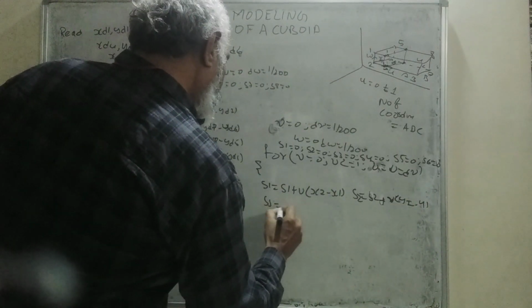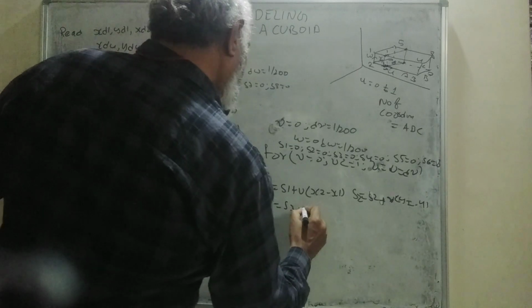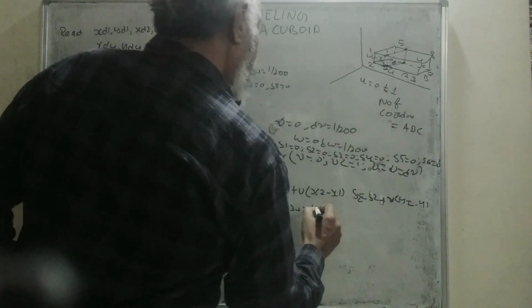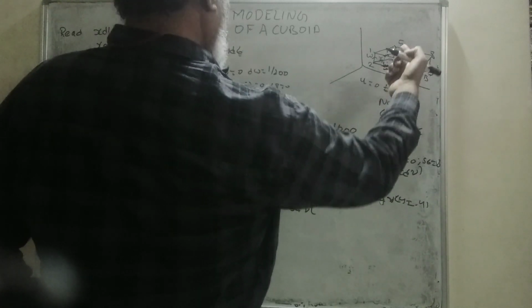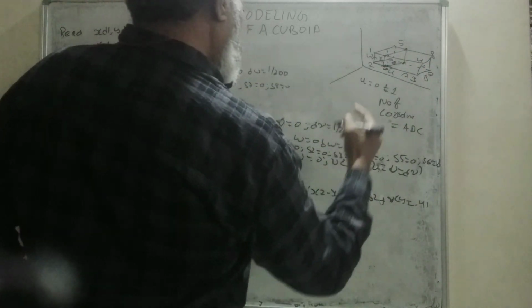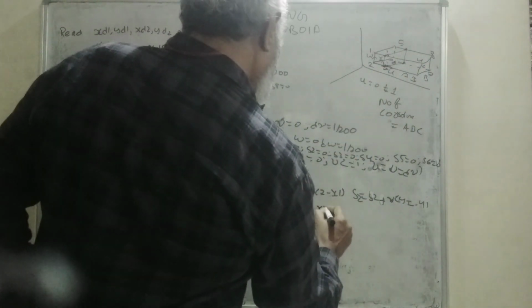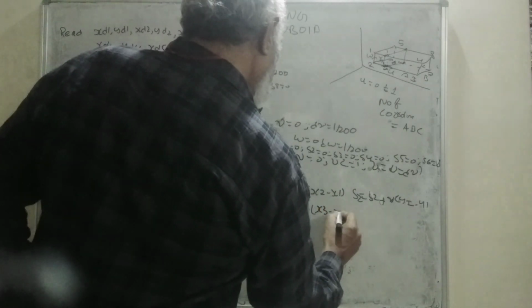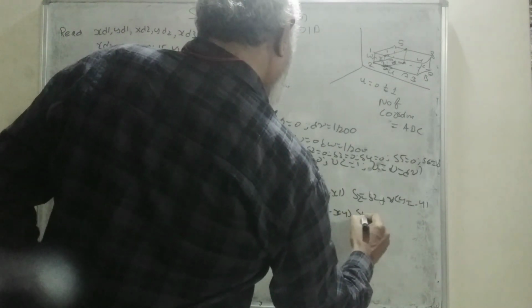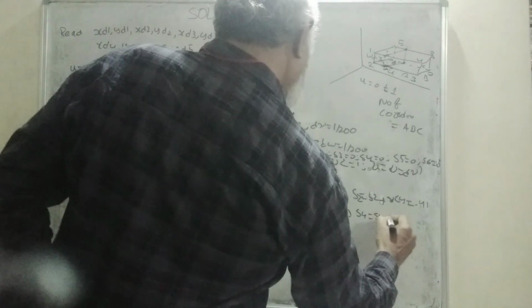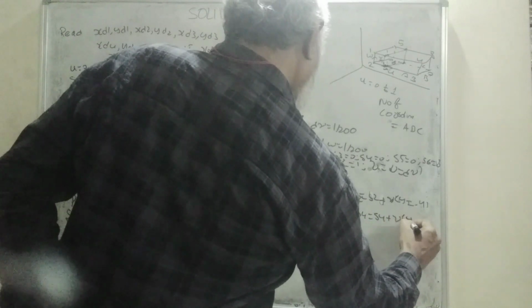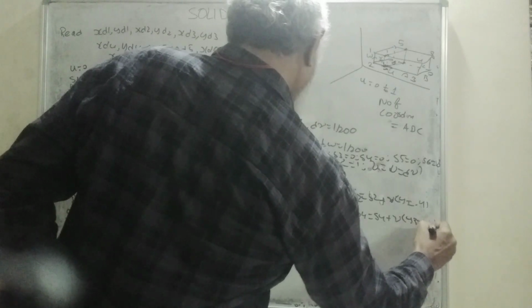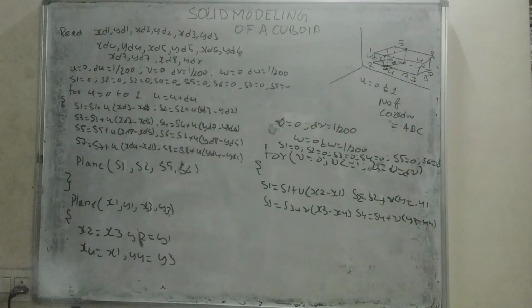S3 is equal to S3 plus v into x3 minus x4. S4 is equal to S4 plus v into y3 minus y4. So this we have got.